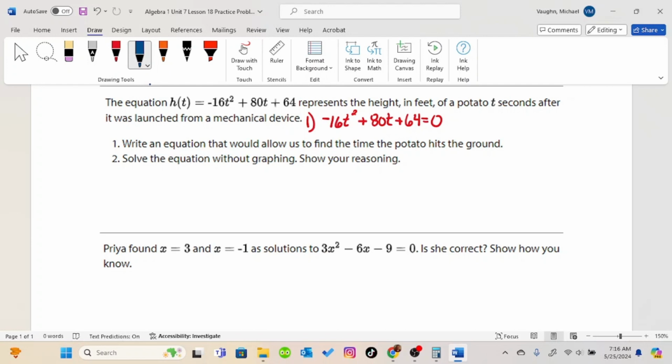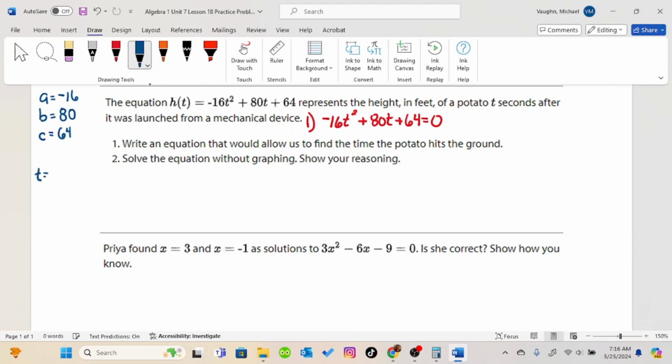So first, we need to identify A, B, and C. A is with t squared, so that's negative 16. B is with t, so that's 80. And C is the constant, so that's 64.